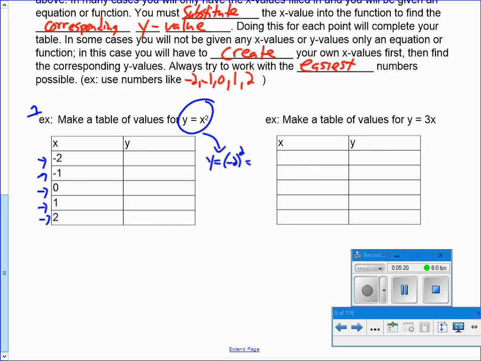If I take -2 multiplied by itself, I'll get a +4. I'm doing the same thing with -1, which gives me a +1. Same thing with 0, same thing with 1, and same thing with 2. Now I have my table of values. I'll be able to graph the function using that table.